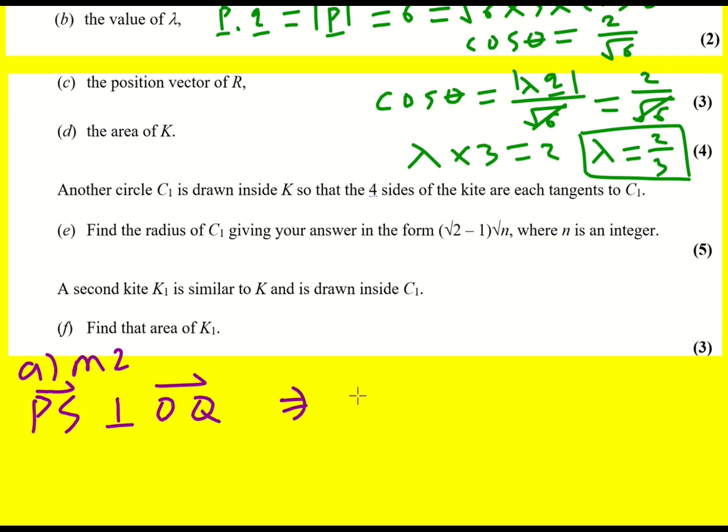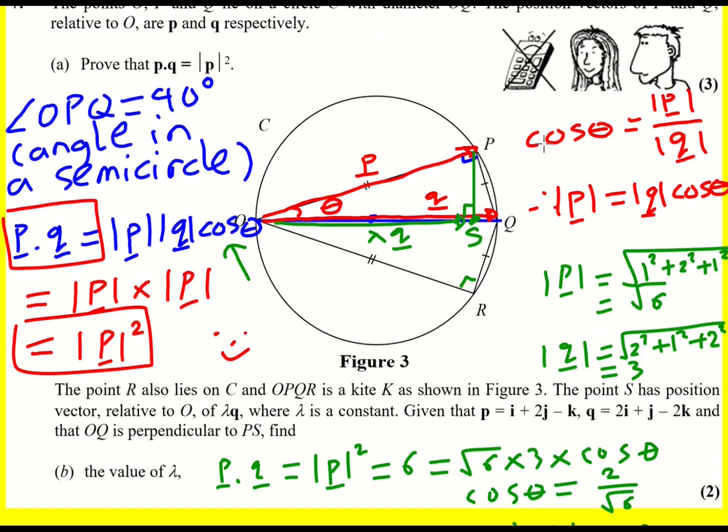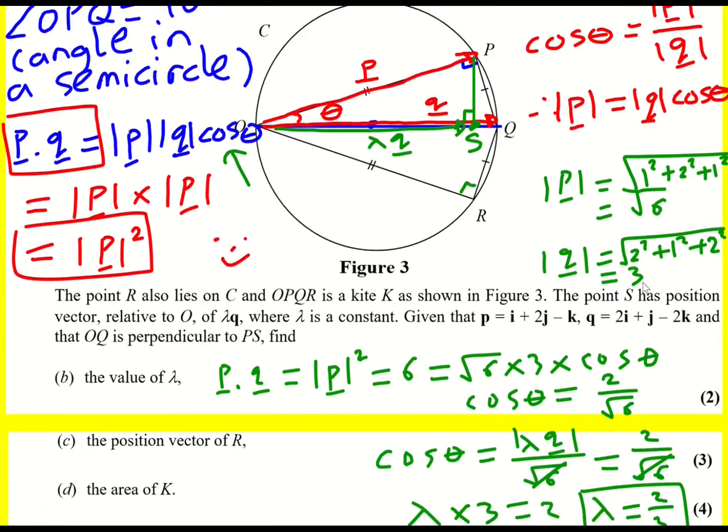So this would imply that PS dotted with OQ is equal to 0, because the angle is 90 degrees, cos of 90 is 0. Now PS, the vector, we could get by doing minus P plus lambda Q.